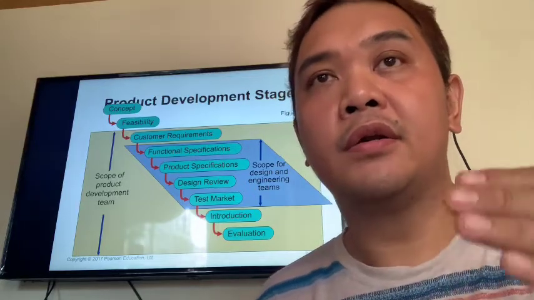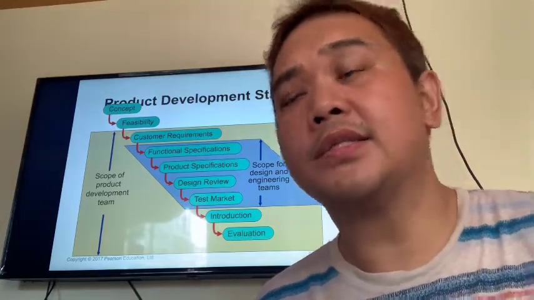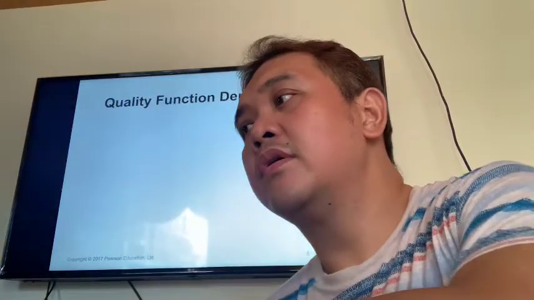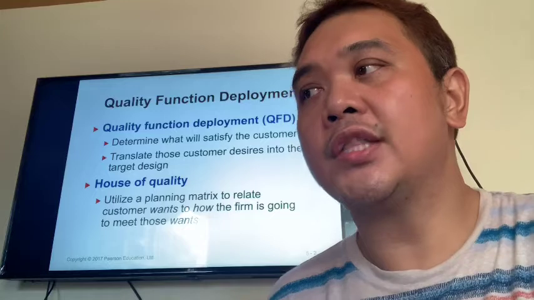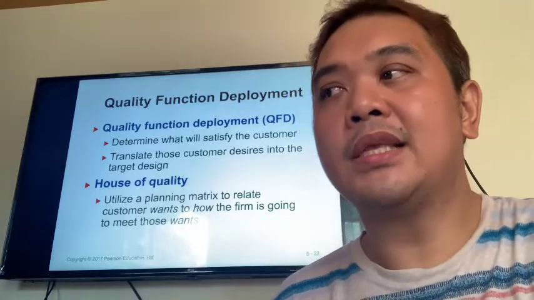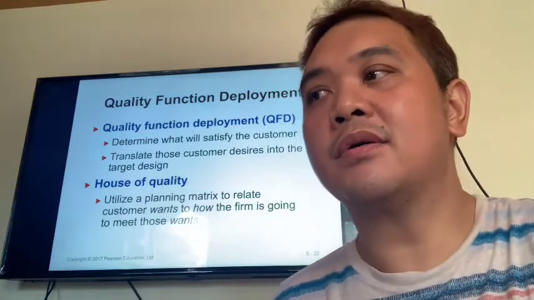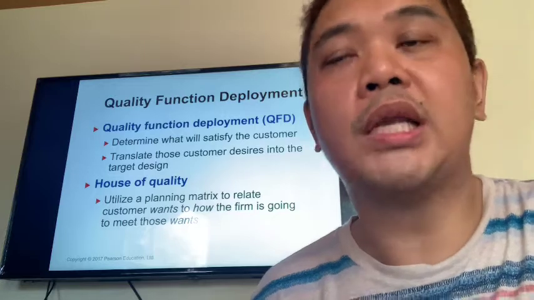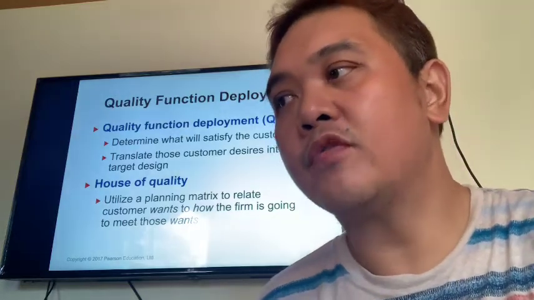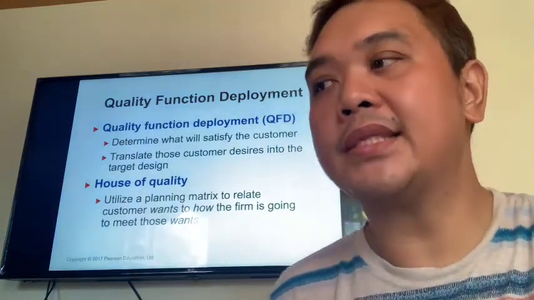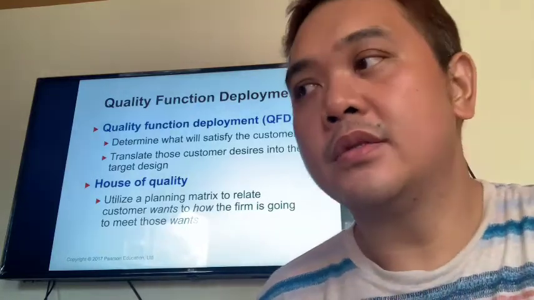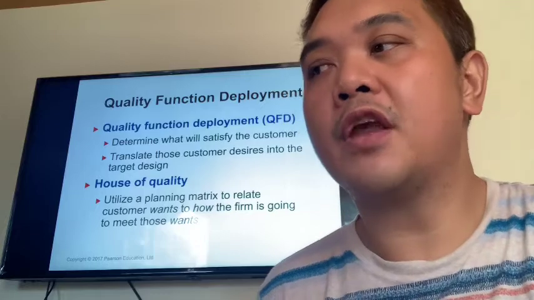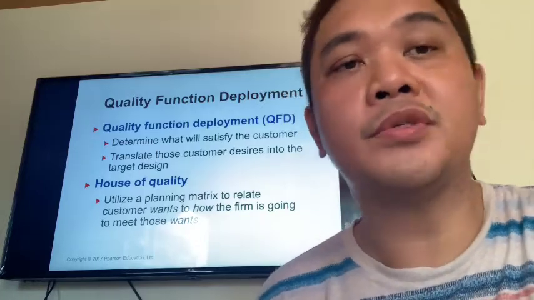So after your market surveys, you're ready to make a quality function deployment. A quality function deployment is also called your house of quality. So a house of quality is a planning matrix to relate customer wants to how the firm is going to meet those requirements.